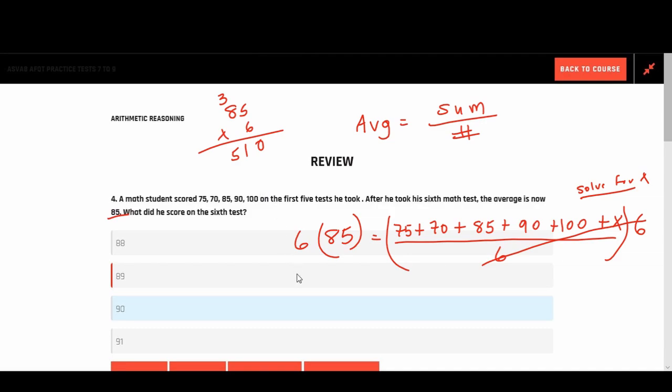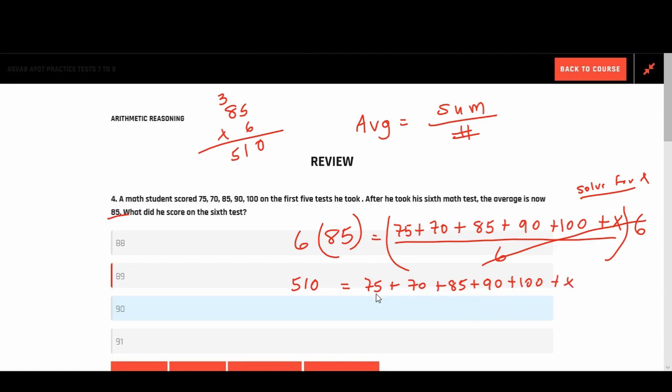So this is 510 equals 75 plus 70 plus 85 plus 90 plus 100 plus x. So now we're solving for x.